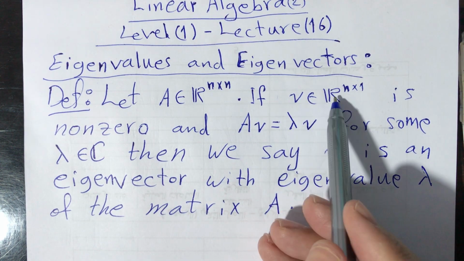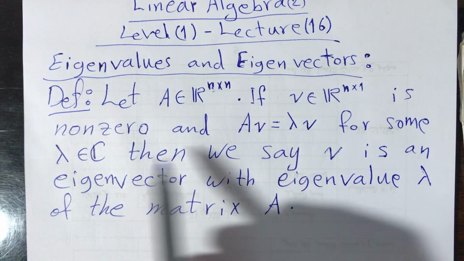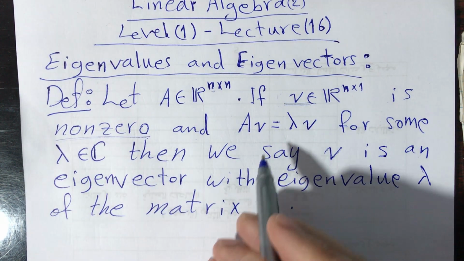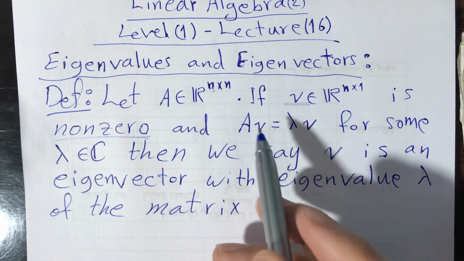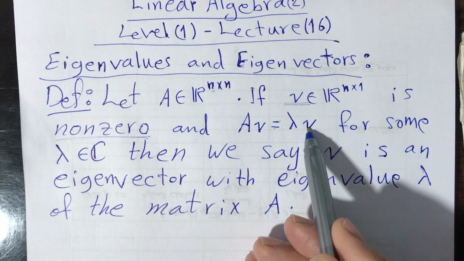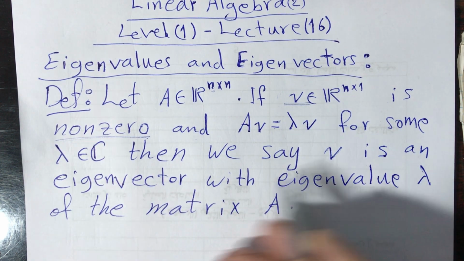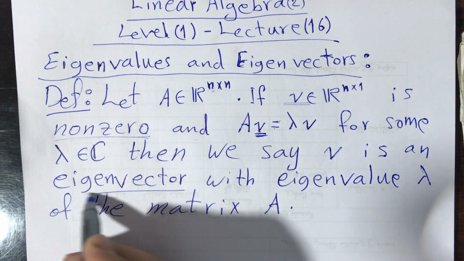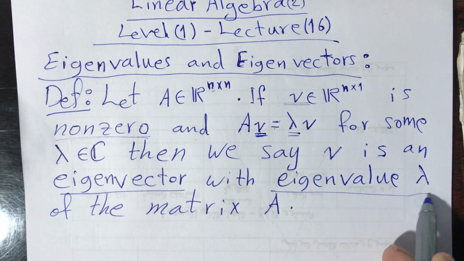If V is any vector in R n times 1, this has to be non-zero, and if AV is equal to lambda V for some lambda belonging to the complex numbers, then we say that V is an eigenvector, and this lambda we say is an eigenvalue.